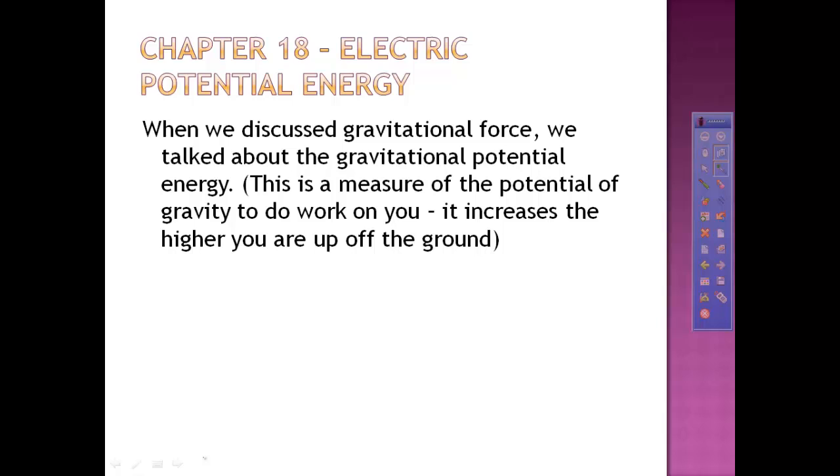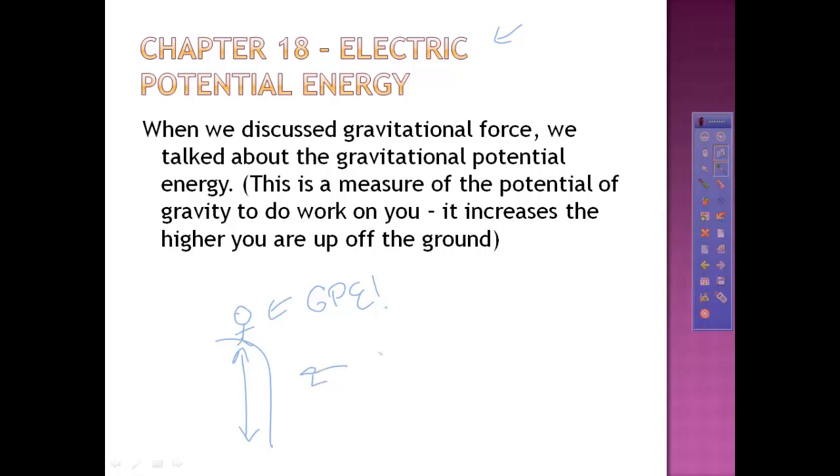Alright, let's talk a little bit about this idea of electric potential energy. This starts chapter 18. We're just going to get into it a few sections here. When we discussed gravitational force, we talked about gravitational potential energy, right? This is a measure of the potential that gravity has to do work on you. So if you're standing up here at the top of a waterfall, we're just going to say this is a waterfall because it's blue, you have a lot of gravitational potential energy.